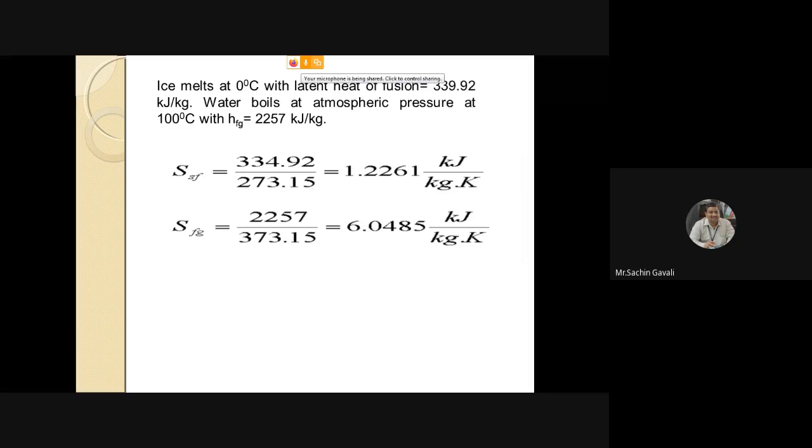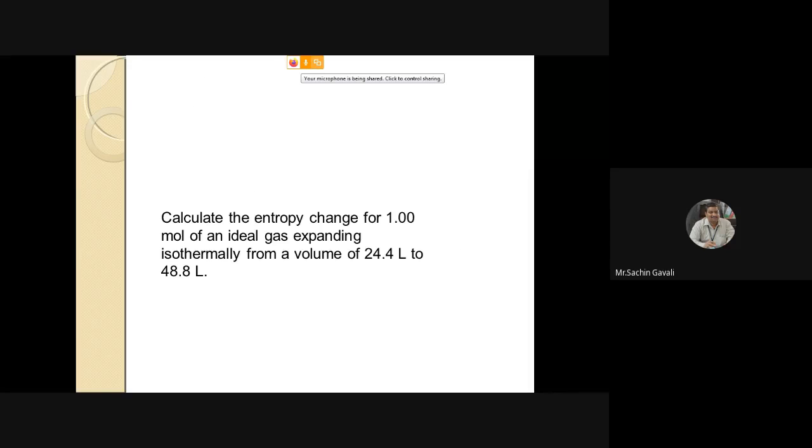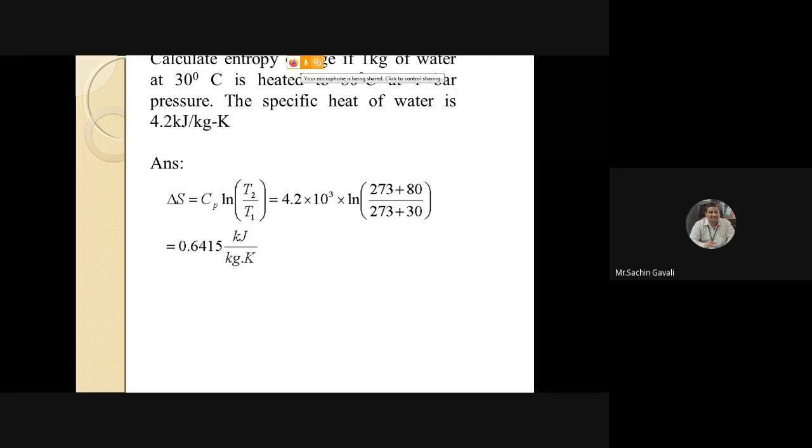So ice melts at... This numerical we have already taken, correct?